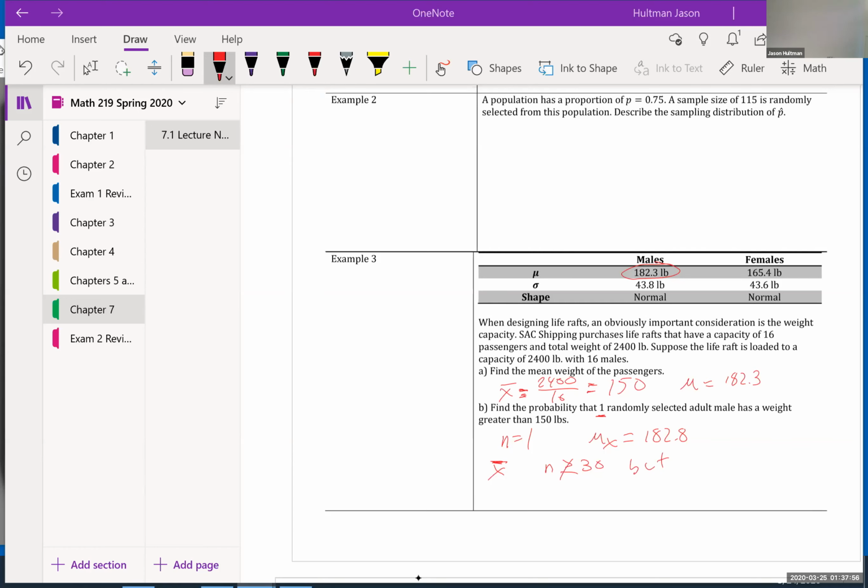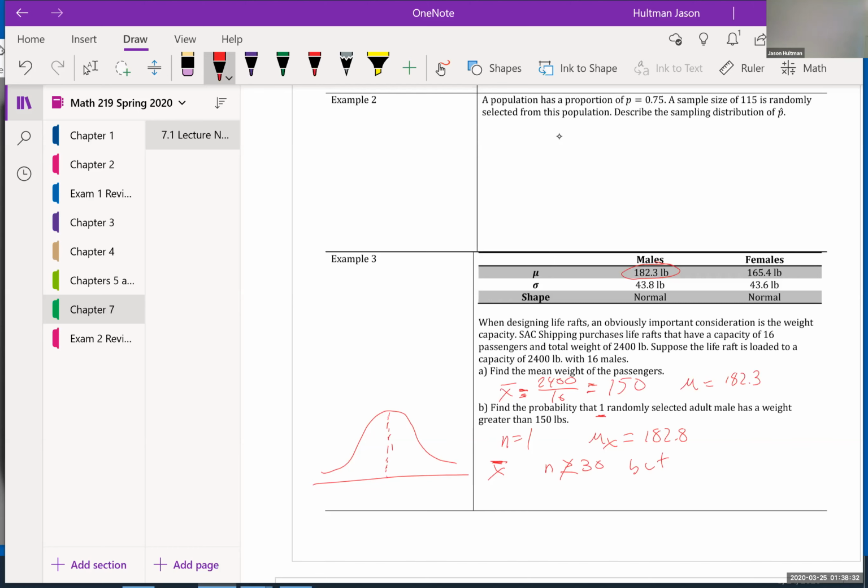I don't think so. Let me see. The mean weight of the passengers, okay, so that's the mean weight of these passengers, right? So the mean of the entire distribution should be the same as the mean of the entire population.